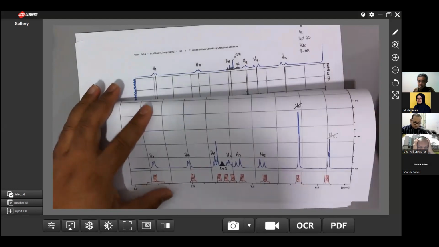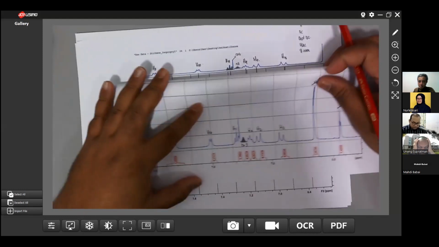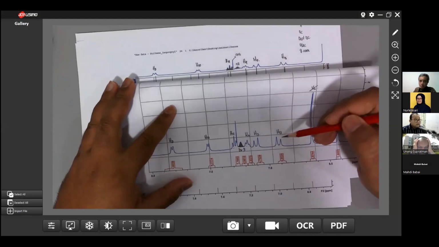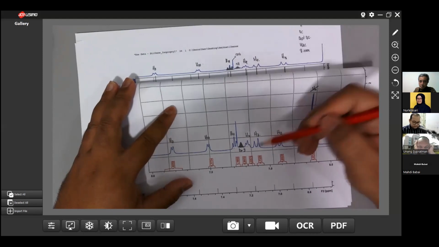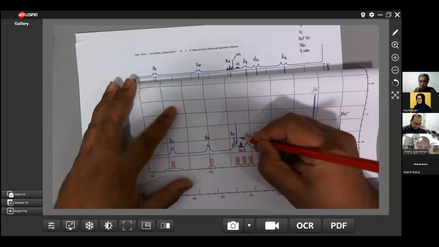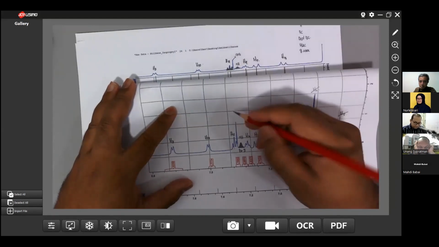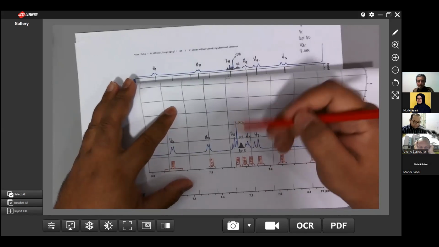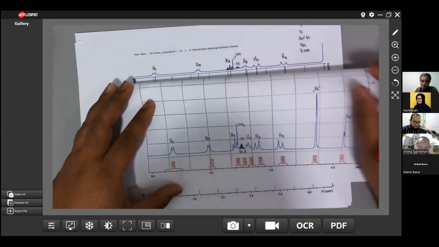Transfer all information here. We have 13, 7, 9, broad singlets for the NH. We label NH here, CDCl3, 11, 10, and 8. Voila, it's finished.